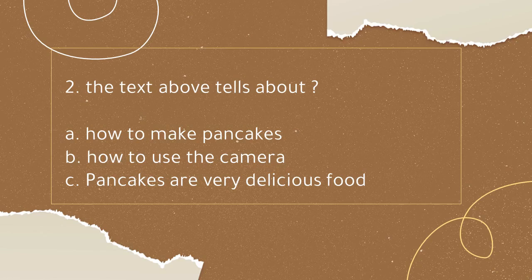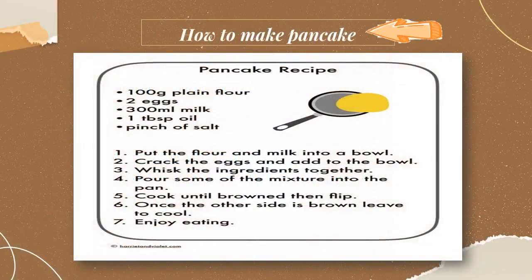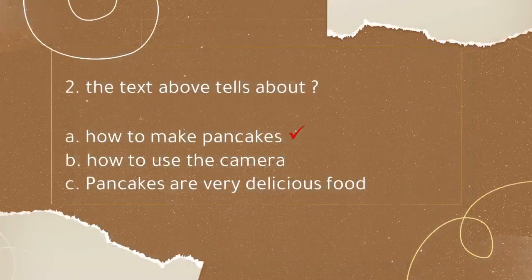A, B, or C? Yes, if you look carefully, this text talks about how to make pancakes. So the answer is A. How to make pancakes. How about you guys? You can answer this question correctly.